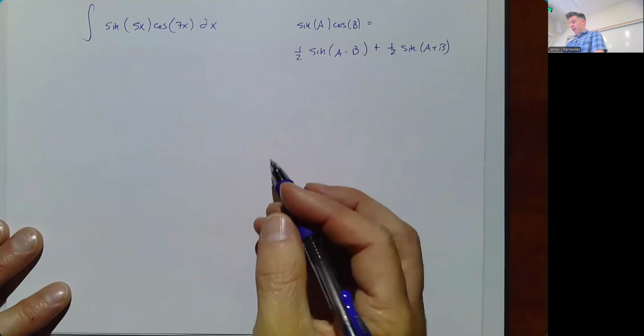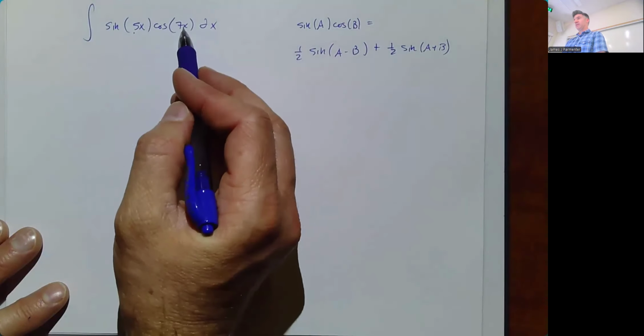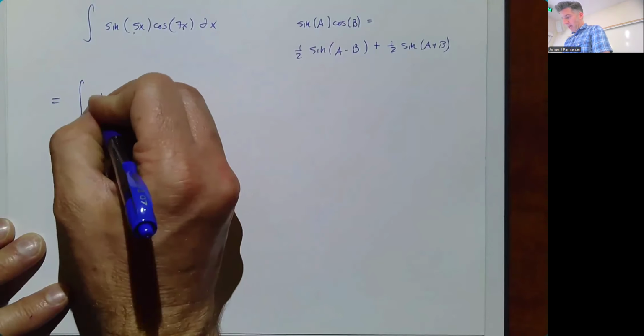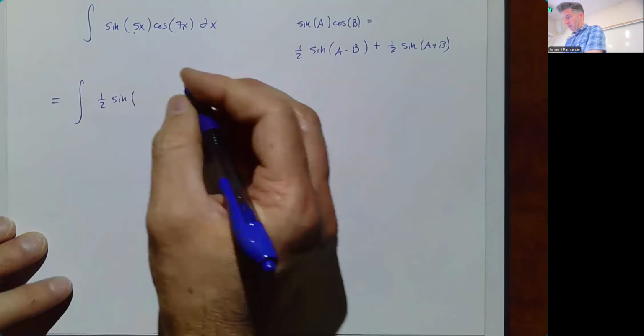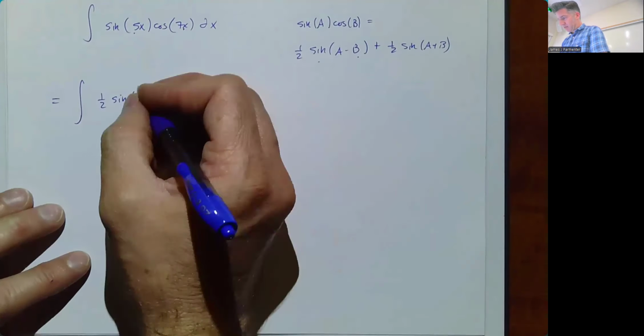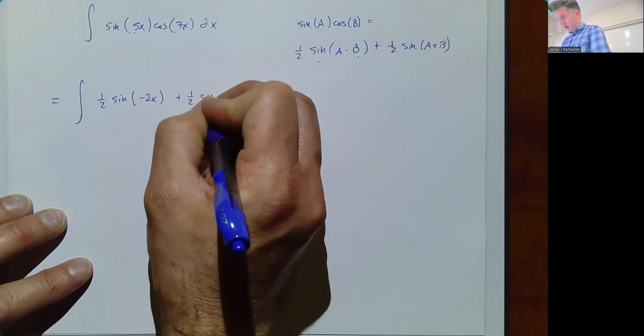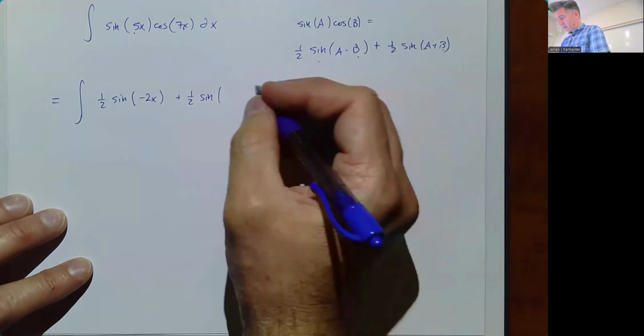So we could think of A as 5x and B as 7x and say that this integral is equal to 1/2 sine of 5x minus 7x plus 1/2 sine of 5x plus 7x.